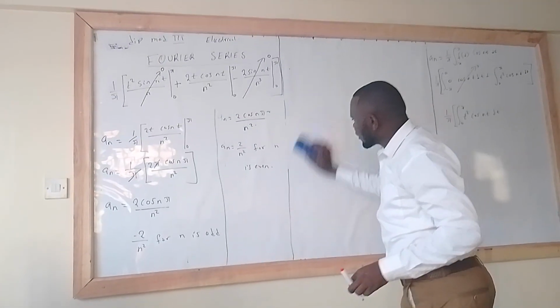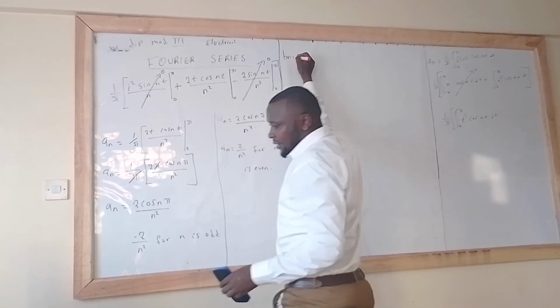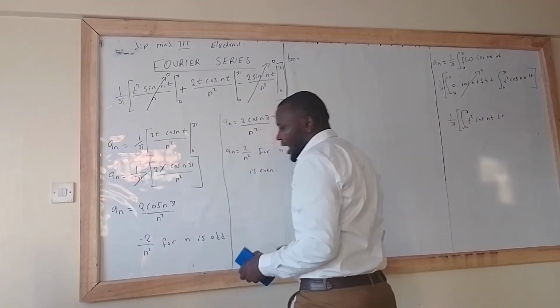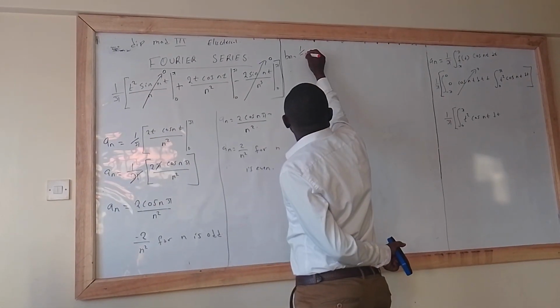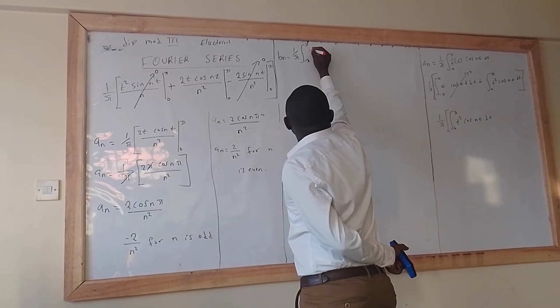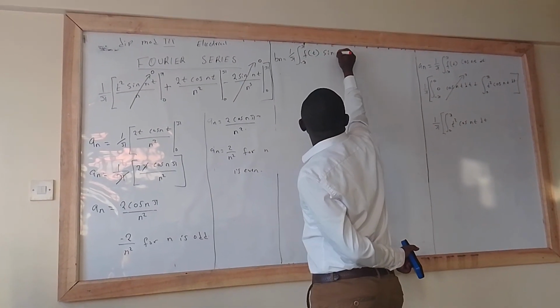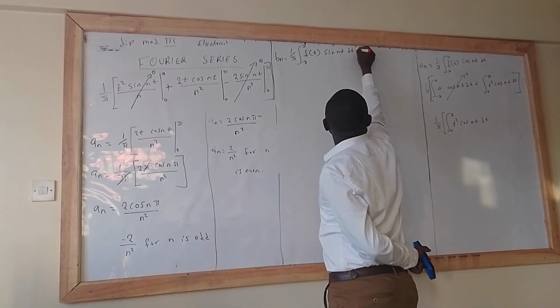Now the last constant is b of n. Now b of n is given by 1 over pi, the integral from -pi to pi of f of t sine of nt dt.